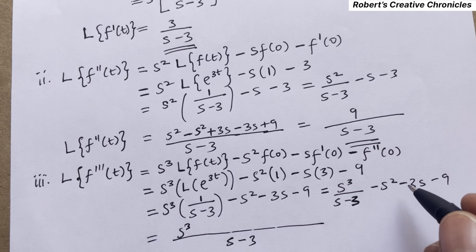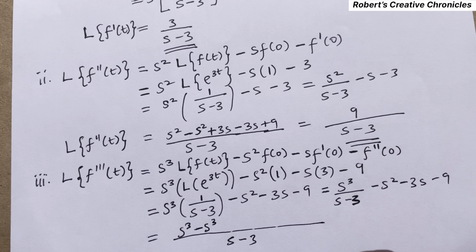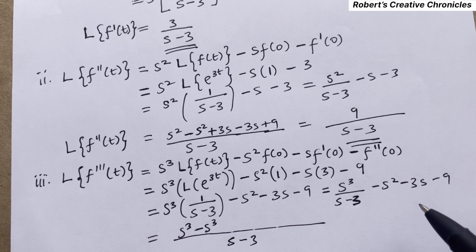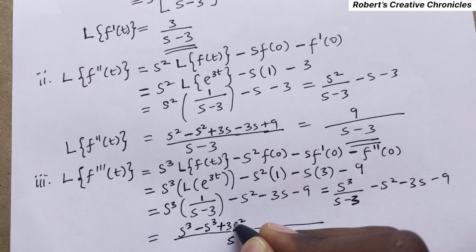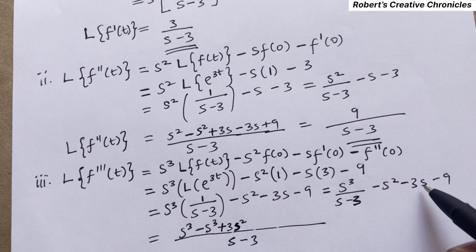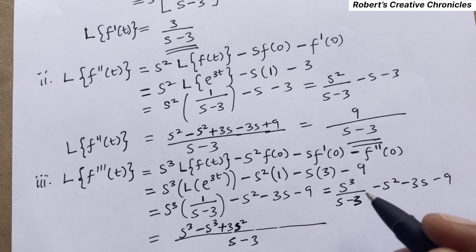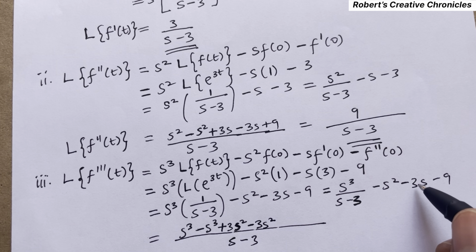Then here we open the bracket, it becomes what? Minus s cubed, minus s cubed what? Plus 3s squared. Then the next one is what? The same thing, minus 3s squared. Then what?